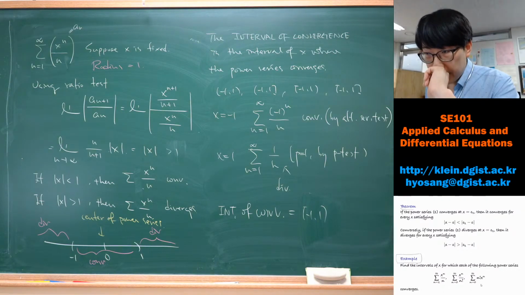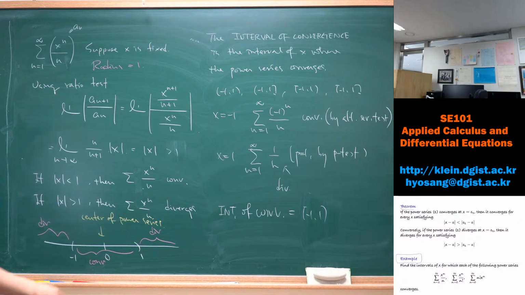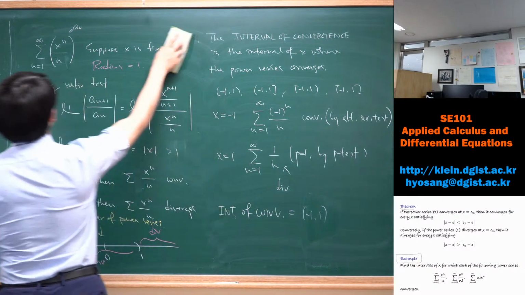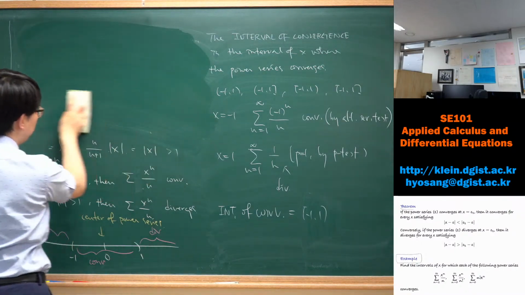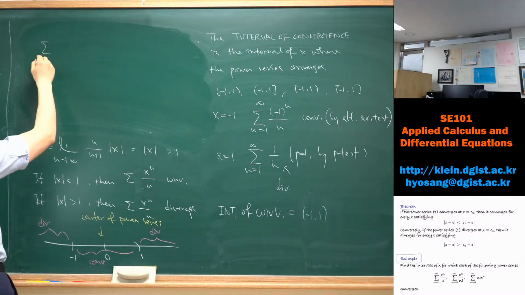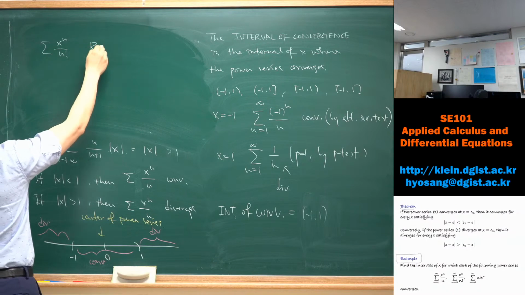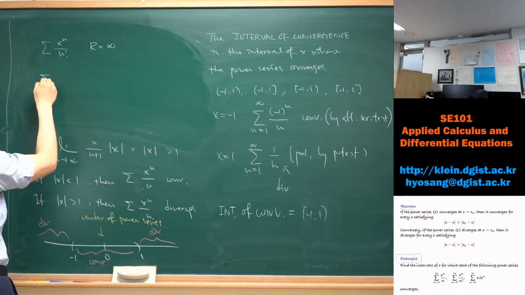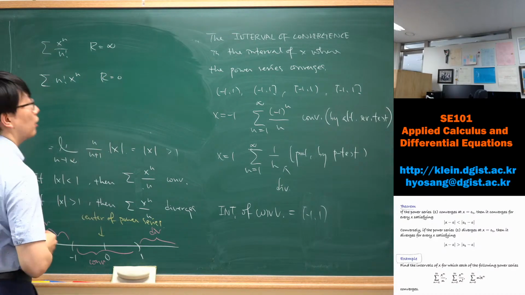But okay, here's the interesting part. We have 2 more series. I'll show you the answer, and you can try yourself why that answer is true. So the sum of x^n over n factorial has radius infinity, and the sum of n factorial x^n has radius 0.